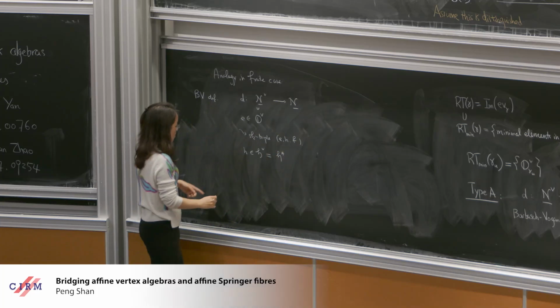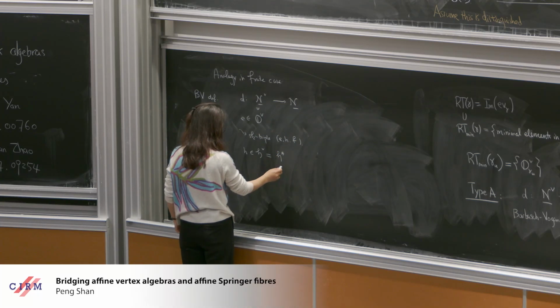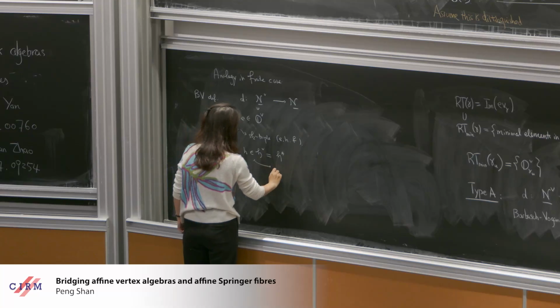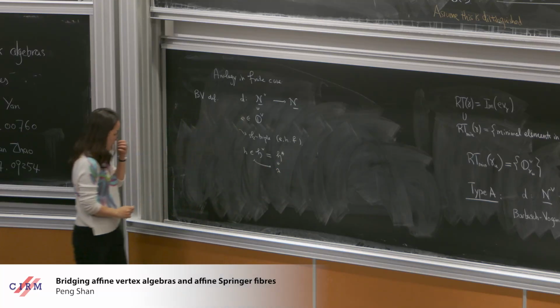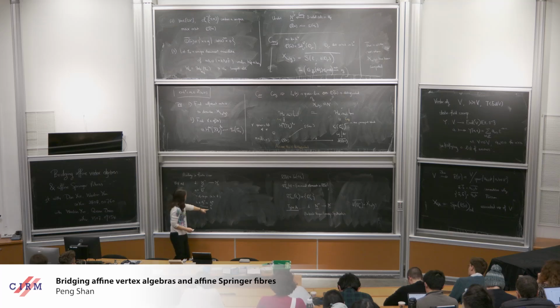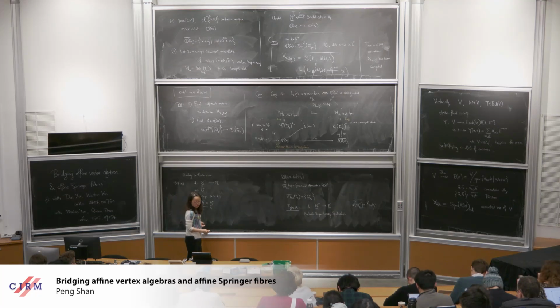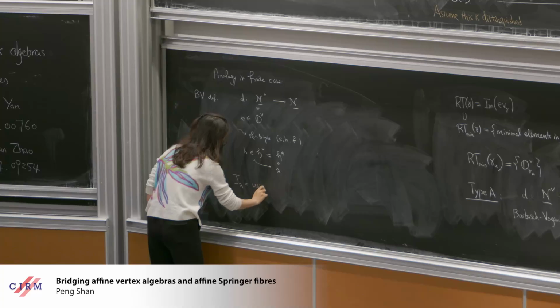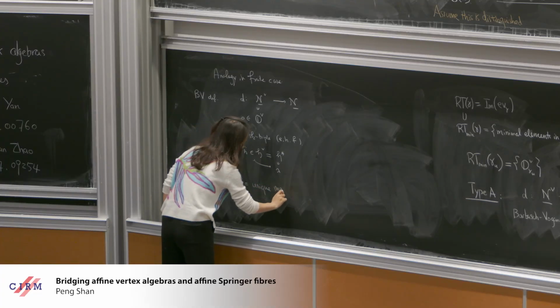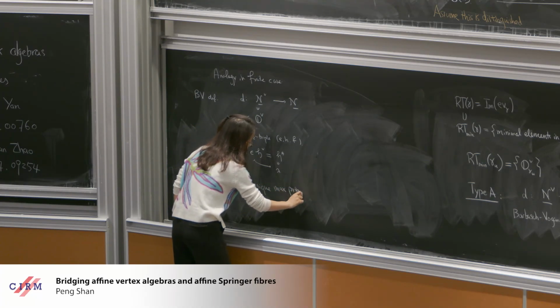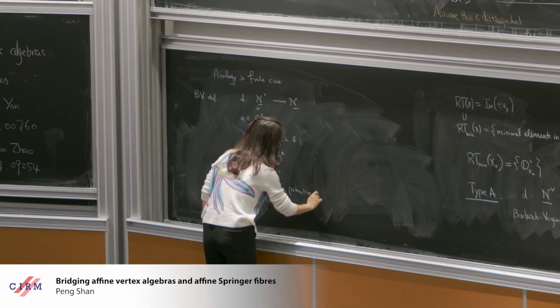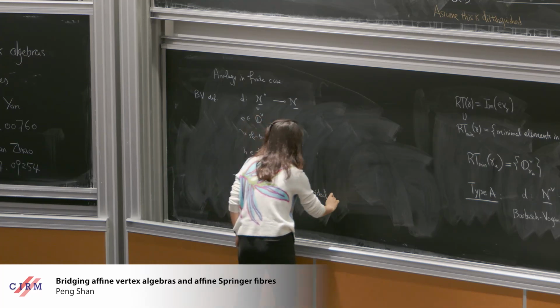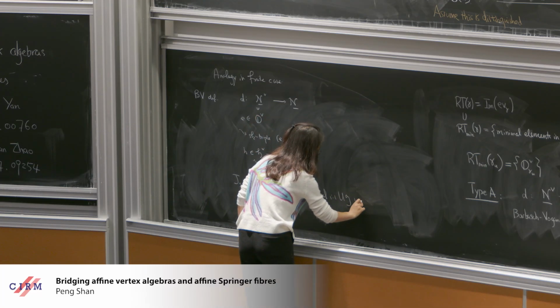So you identify this H as an element, let's say lambda here. Such an element determines a central character for G. And it turns out there's a unique maximal primitive ideal in UG with central character given by this lambda.